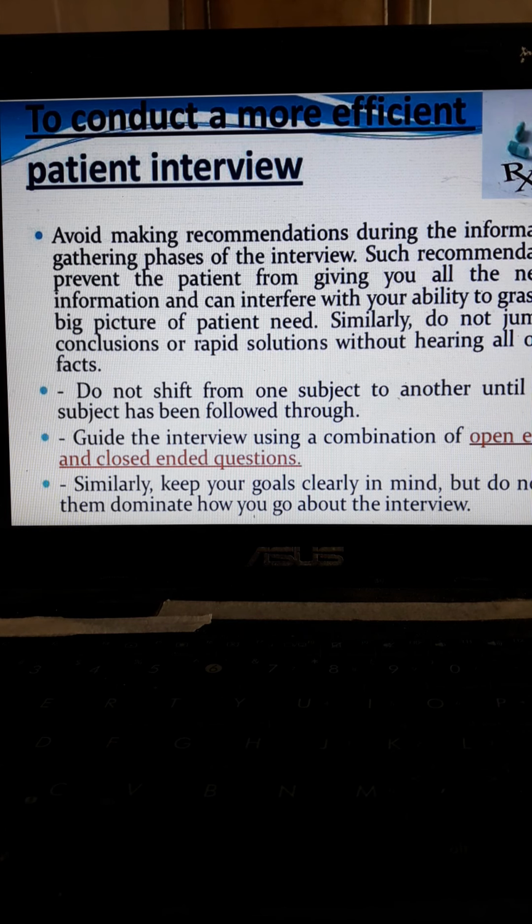Guide the interview using open and close-ended questions. Similarly, keep your goals clearly in mind, but do not let them dominate how you go about the interview. Just focus more on the patient's conditions, the patient's information coming from the doctor, and the patient's drug therapy.